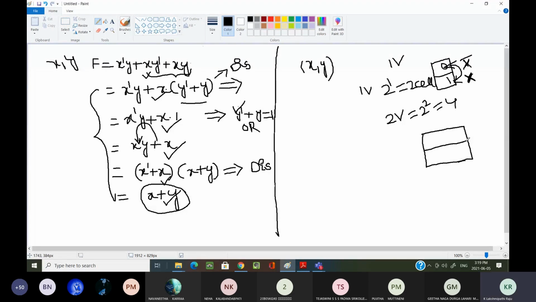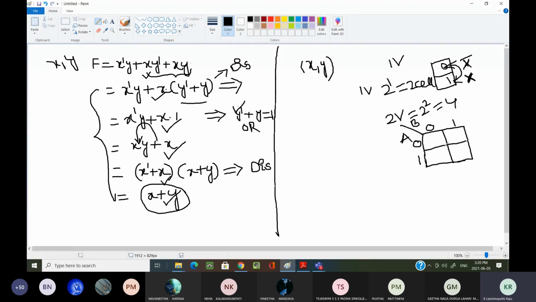Here the variables I am considering are A as well as B. Here is my complemented variable, and here I can write the normal variable, 1. Here you can write 0 for complemented B, and 1 for normal B.